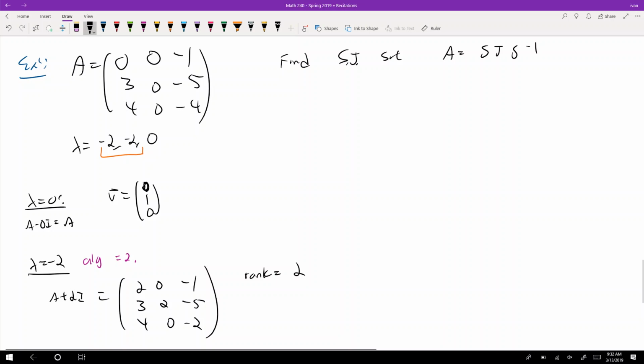Two. That means the nullity is 1, which is equal to the geometric multiplicity. So we have the case where the geometric multiplicity is less than the algebraic multiplicity, so we have a defective matrix.